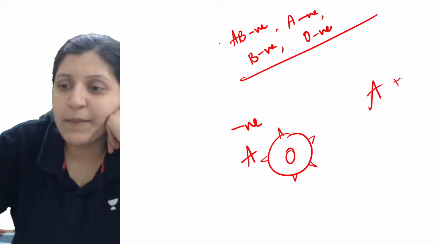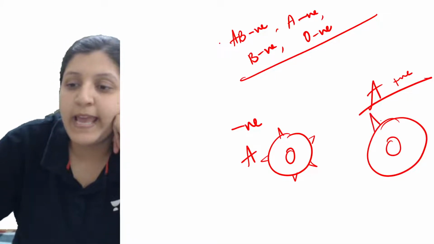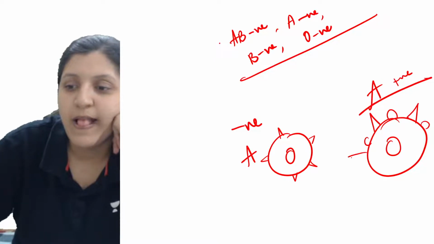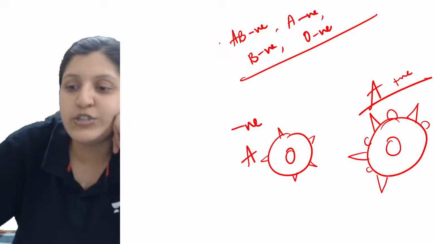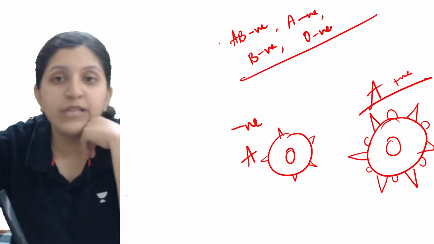Now this is an A positive person. In this case the RBC has got A antigen, and along with that the Rh antigen is also present. In such cases, what would be the condition?